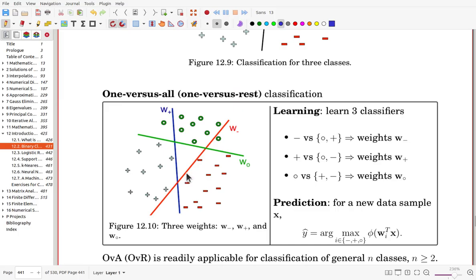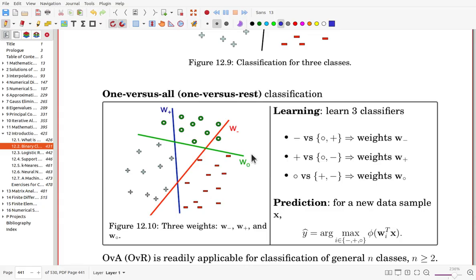This is now the red line. Then plus versus O and minus is the blue one, plus points versus the others, and we get this line. For O versus plus and minus, that is W O here, versus everything else, so we have the green one.